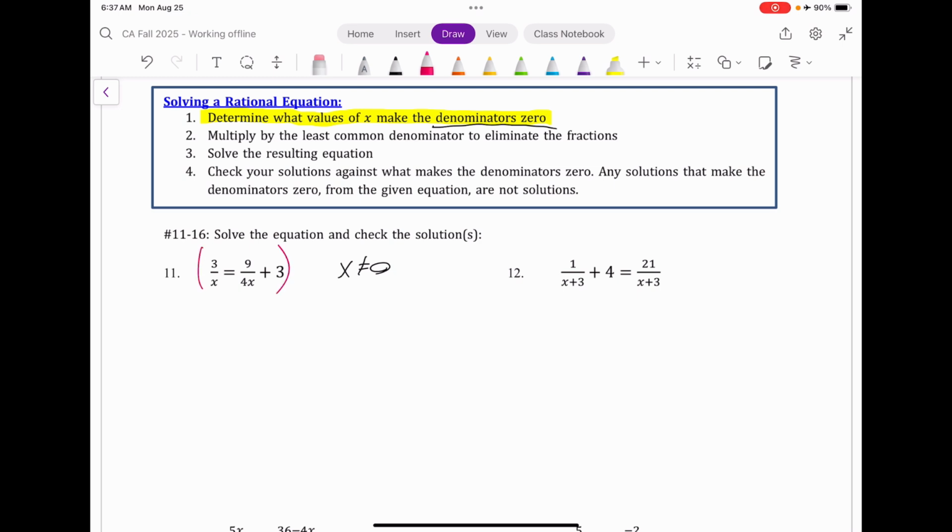So the next step is to start solving. And so we're going to take the same strategy I was doing earlier with linear equations. So I'm going to multiply everything by x. We could do 4x as well. Let's actually do 4x, because that'll get rid of all the denominators at one time. So if we multiply 4x to the first fraction, the x's are going to cancel, just leaving 4 times 3.